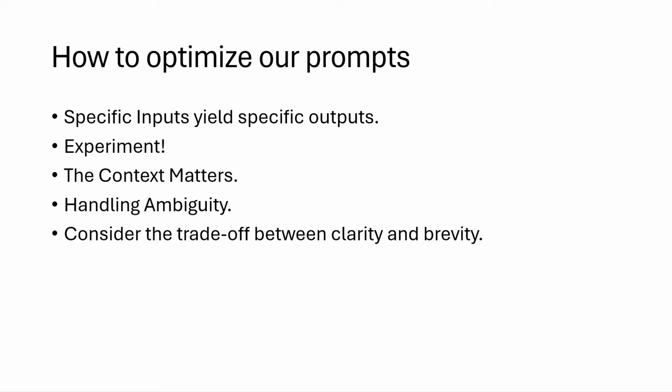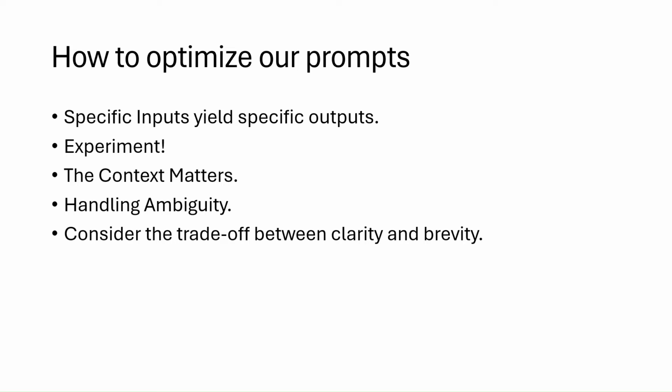The context matters. Large language models consider the context provided in the prompt. We need to ensure that the context is well defined and relevant to obtain accurate responses. Handling ambiguity. Ambiguous queries are always fun, but even large language models will struggle with them.